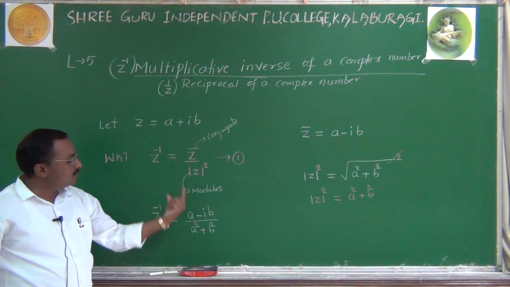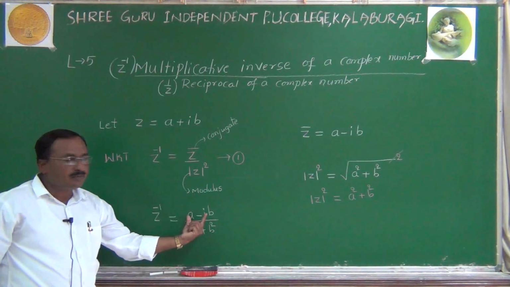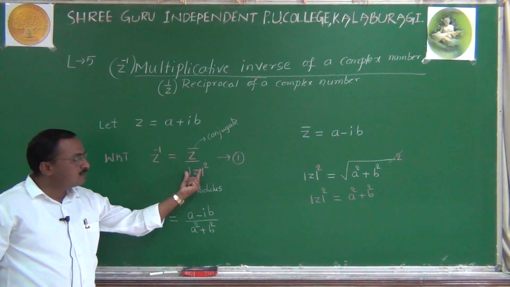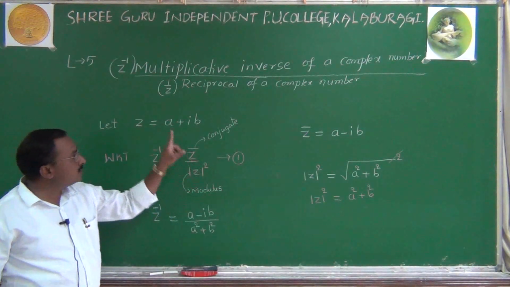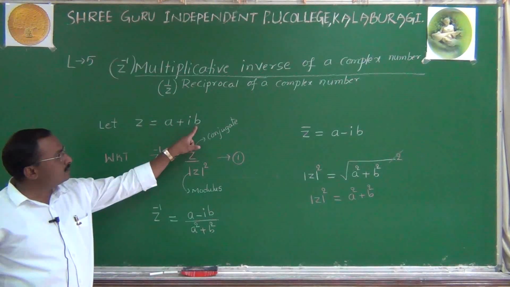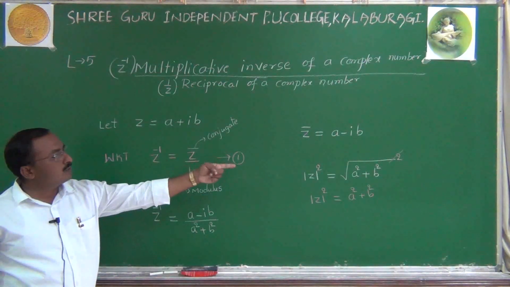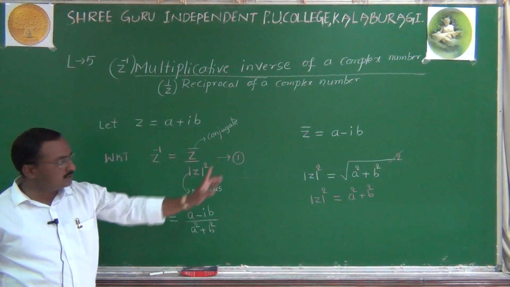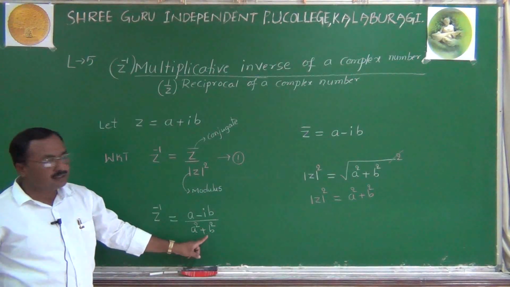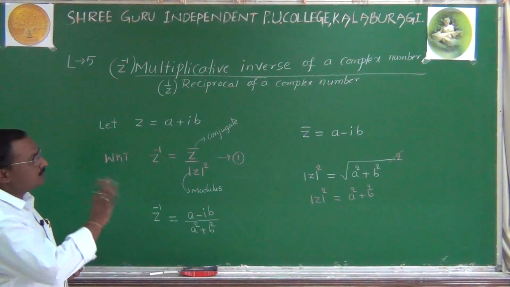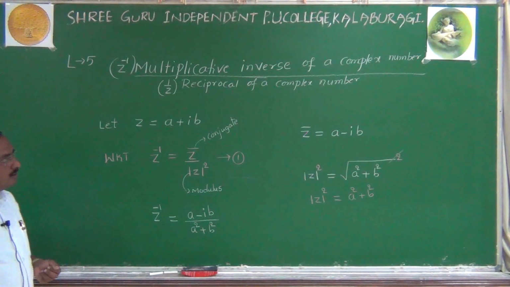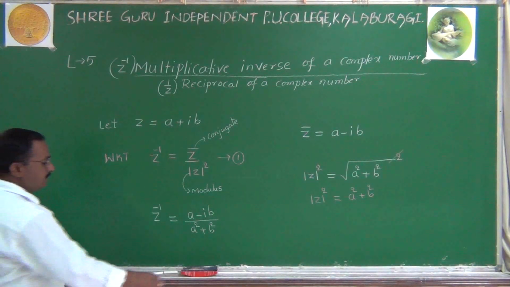A plus ib conjugate is a minus ib. Modulus of z is the square root of real part square plus imaginary part square. Whole square, square and root get cancelled. Present only a square plus b square. This is the general. Examples.